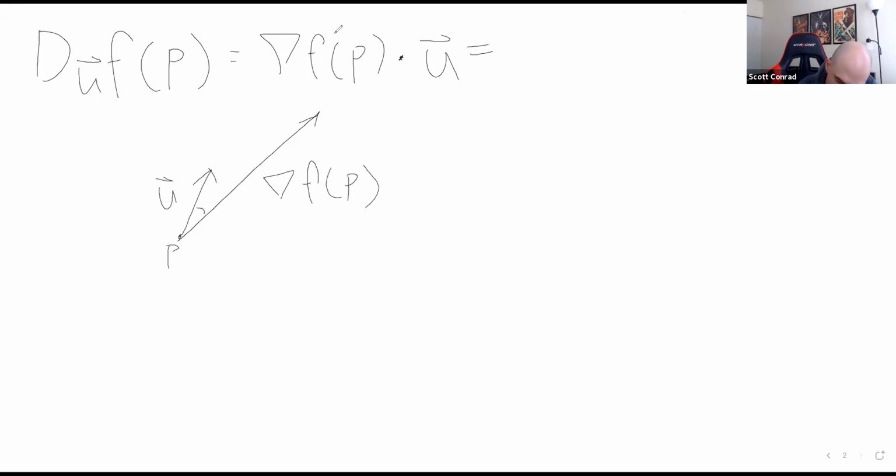So if theta is the angle between 0 and pi between the vector u and the gradient of f, then the dot product is the magnitude of the gradient of f at our point times the magnitude of u times cosine of the angle between the two vectors.